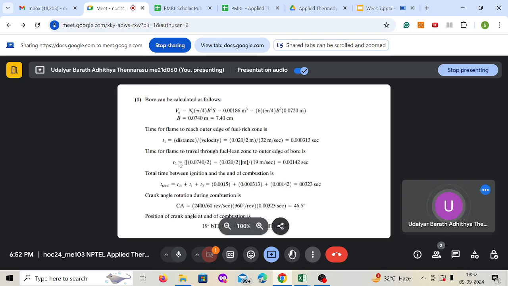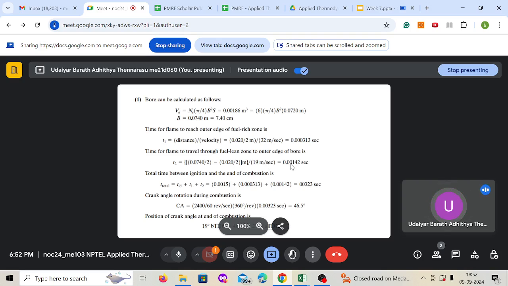The time required for the lean zone will be the bore radius minus the rich zone distance, divided by the lean zone velocity. So the radius of the bore is 0.074 divided by 2, minus the rich zone distance, 0.02 divided by 2, divided by the lean zone velocity of 19 meters per second. This gives you 0.00142 second.